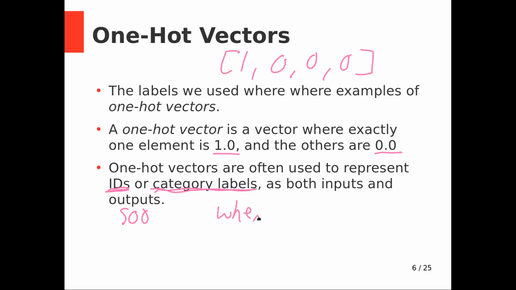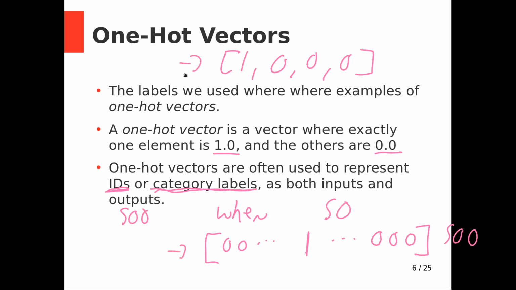So "when" might be the 50th most common word, and so we might represent it to a neural network as a one-hot vector of length 500, where the 50th item is 1 and everything else is 0. Okay? So that's a one-hot input, and those category labels are one-hot outputs.